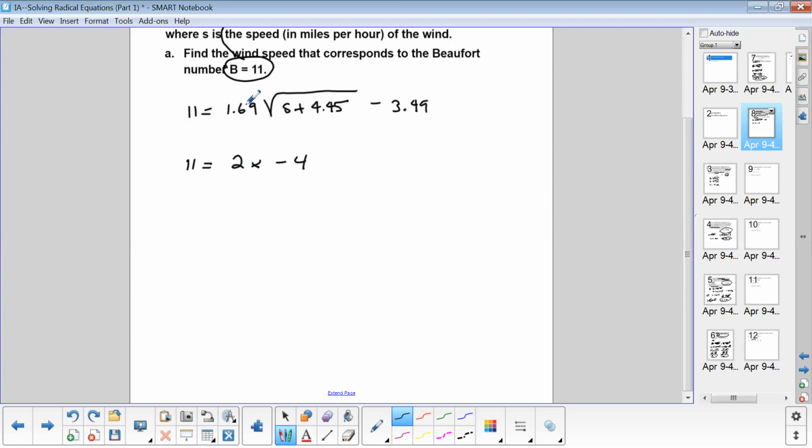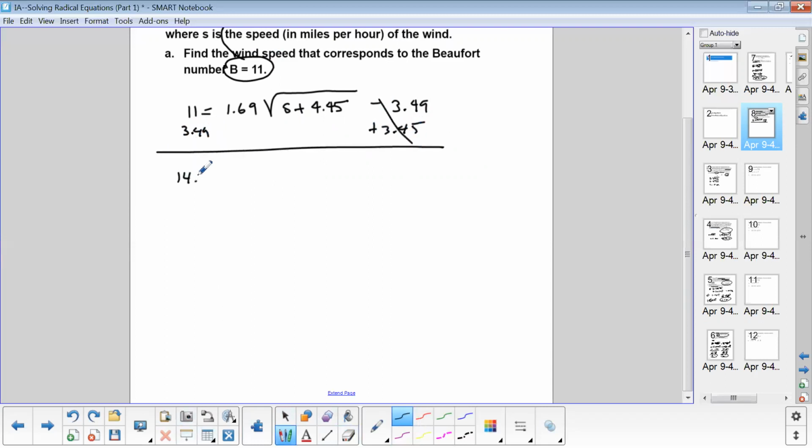11, the 1 69/100 is similar to the 2, the radical similar to a variable, and you're subtracting. Well, if you were going to solve this, you would add the 4, you would divide by 2, you would do inverse operations. And that's what we're going to do here. We're going to add the 3 49/100 to both sides.